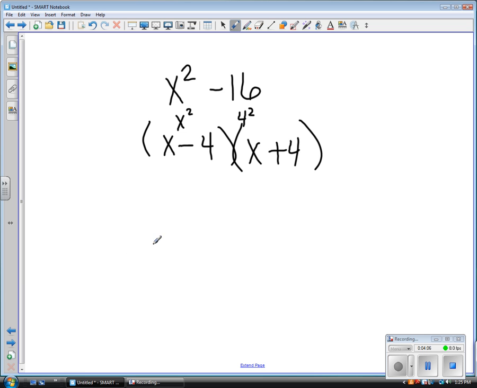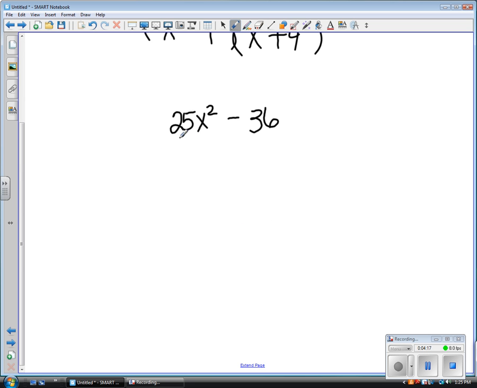So no matter what I have, what if I have 25x squared minus 36? First thing you need to think of is, what is the square root of this? What's the square root? Y'all should have done square roots last year.